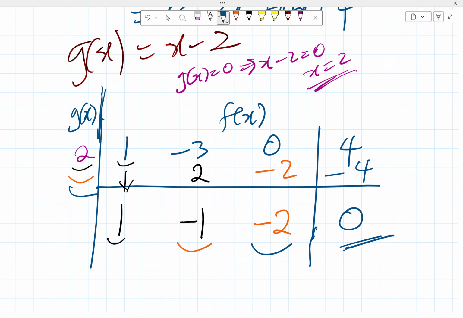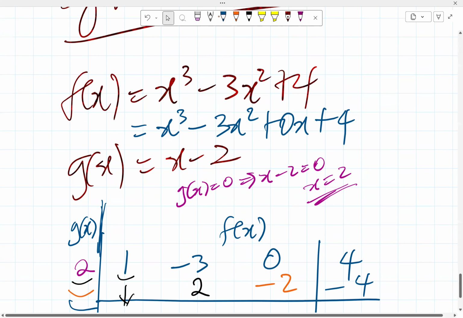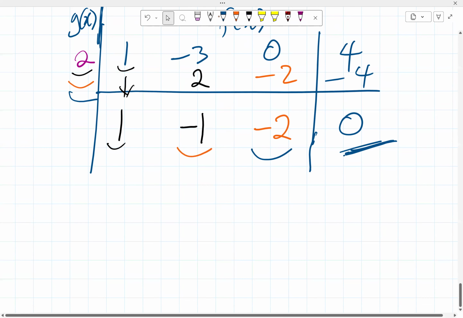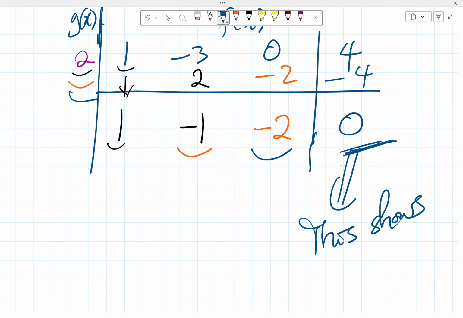So this 0 tells you that f of x is actually divisible by g of x, right? I mean, we've established that divisibility. So this 0 shows you it is divisible. And then, this shows G divides F. That's a very simple way to state that.